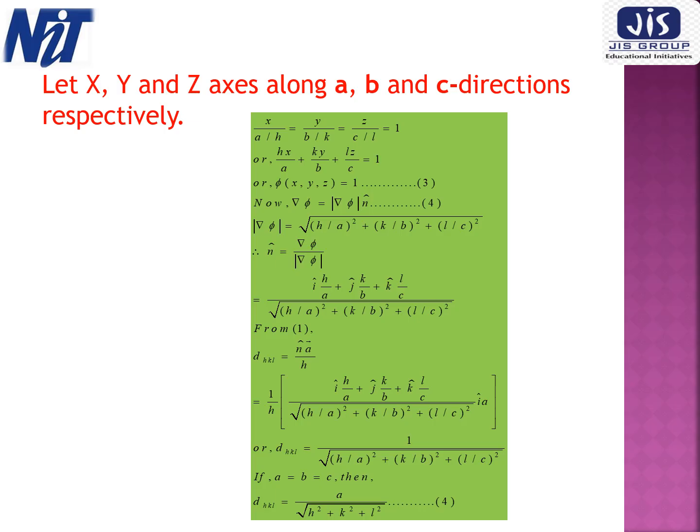From that, if we take 1 by h outside the bracket and put the value of the unit normal vector n, and a is written as unit vector i into a. We know that vector a can be written as the magnitude of a into the unit vector i. So we have used that concept here. Because of that this will be written as d_hkl is equal to 1 by under root of h by a square plus k by b square plus l by c square.